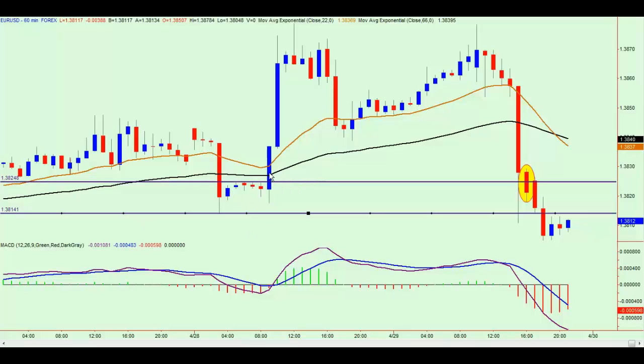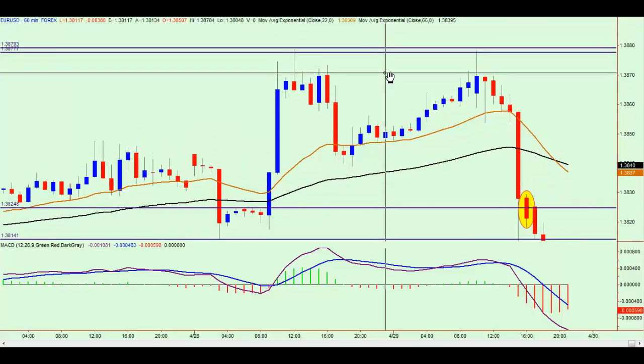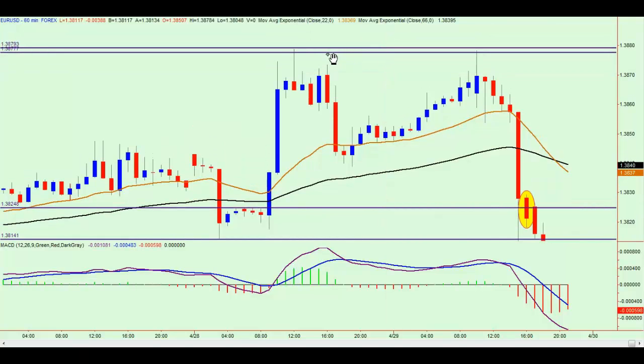With the breakout of that, we had a nice, very strong uptrend. The MACD confirmed it in terms of the trade that we could have taken. We've got a high up here, which is the 138.80, and that was really the move yesterday with the European Open, a great move.